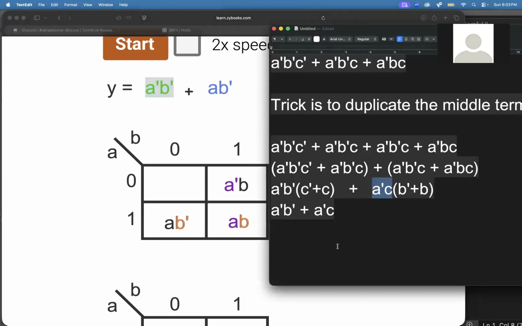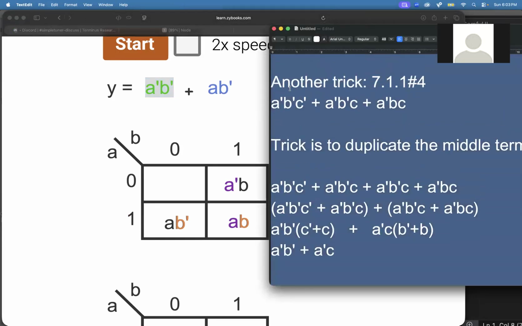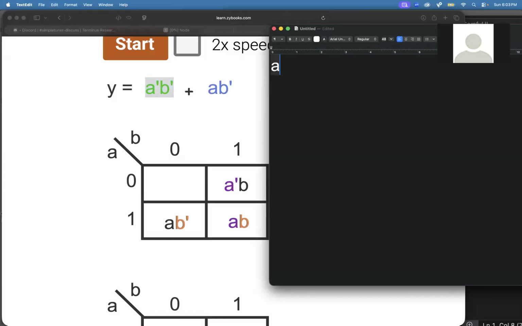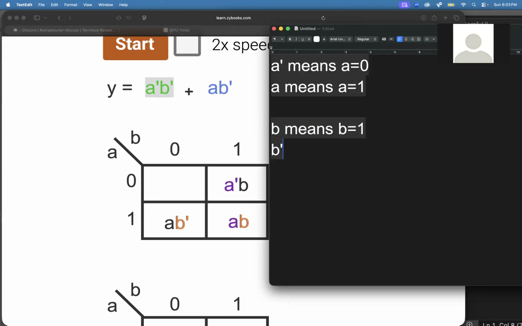So you need to know that. Not A means A is zero. A means A is one. B means B is one. Not B means B is zero, etc.